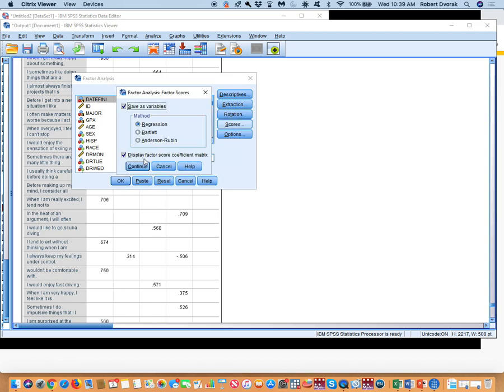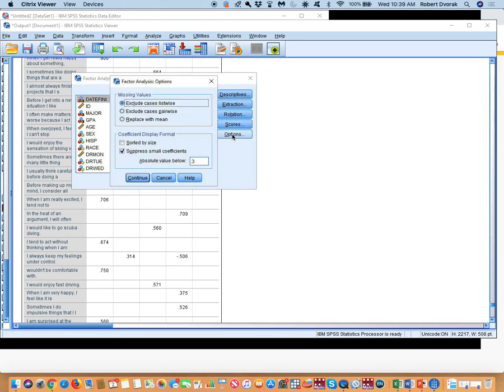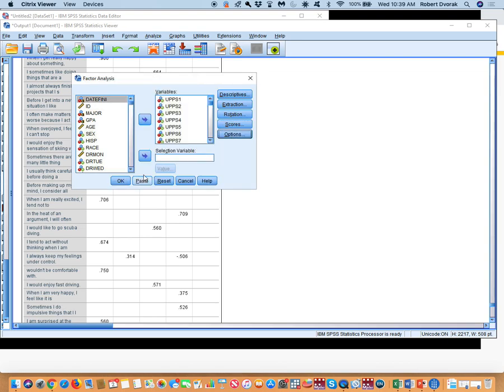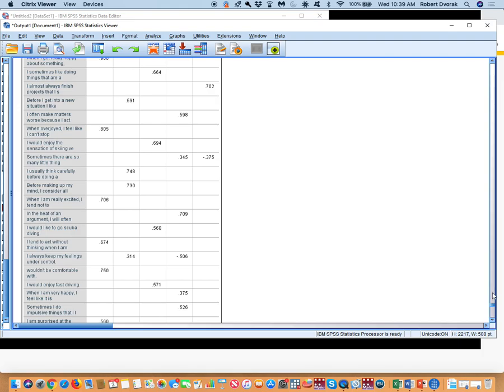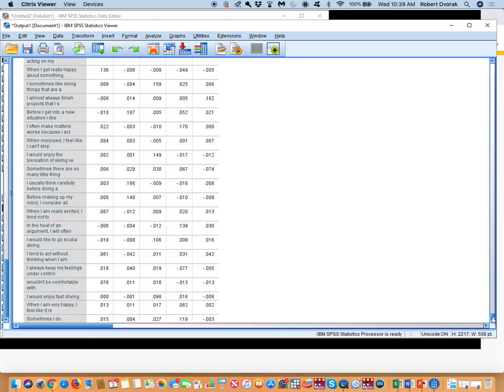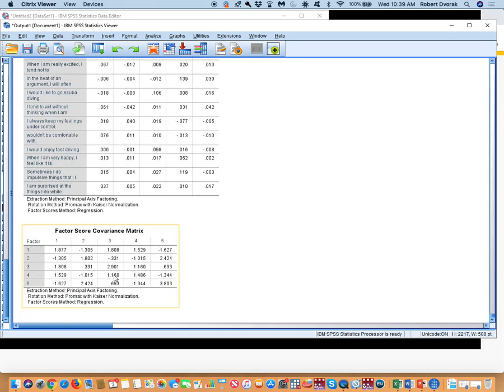Scores. Okay, here's factor score. Oh, this is a covariance matrix. I wanted the correlation matrix.